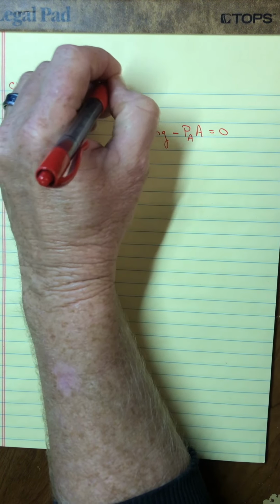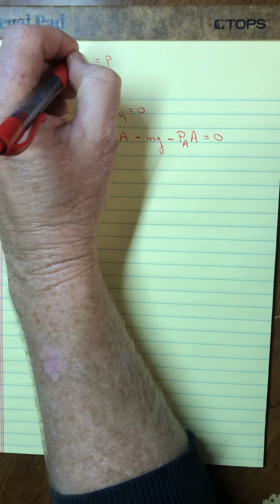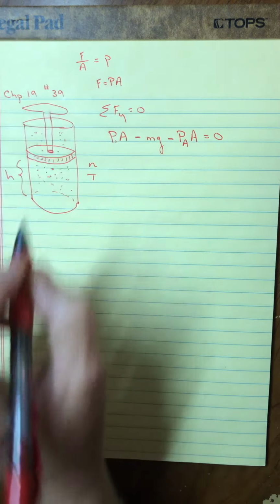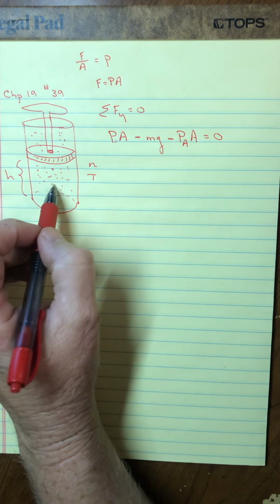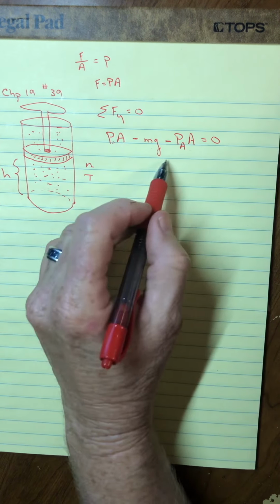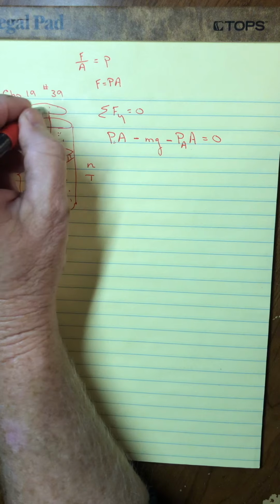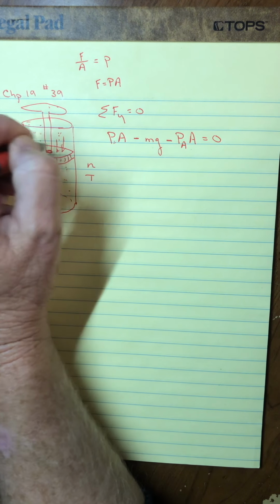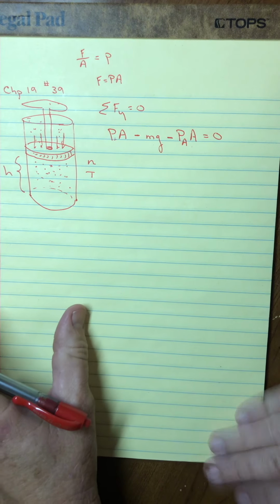By the way, maybe I should have pointed out I'm using force is equal to pressure times area, or pressure is force over area. All right, so this is the upward force coming from the gases that are in here, and then we've got two downward forces, one from the weight of the object itself, but the other one is from the molecules of the atmosphere that are pushing down here, okay?